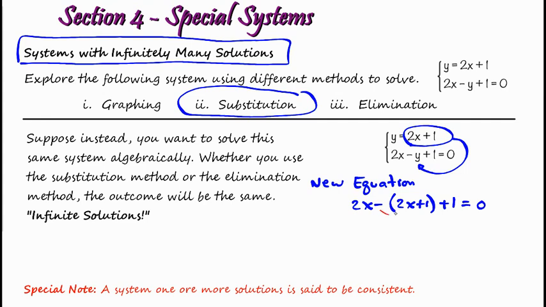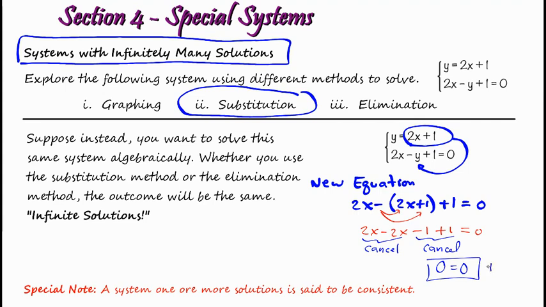Now we can distribute that negative through the parentheses, and this gives us 2x minus 2x minus 1 plus 1 equals 0. We see that the x terms cancel. We see that -1 and +1 cancel, and we're left with 0 equals 0. This is a true statement, and it's always true.